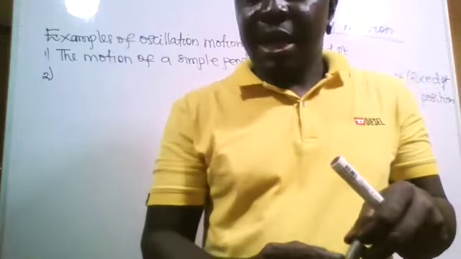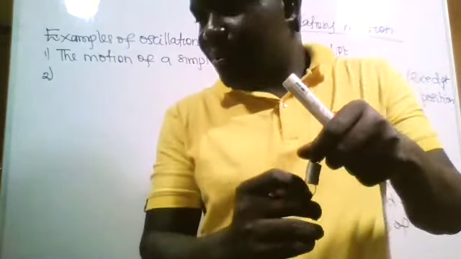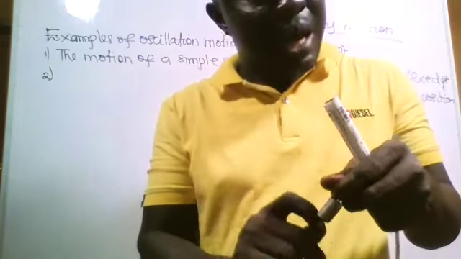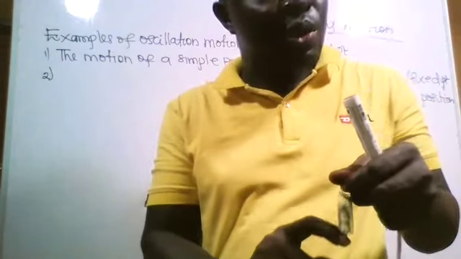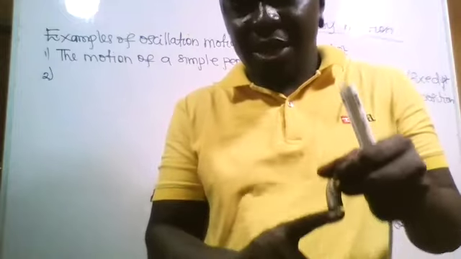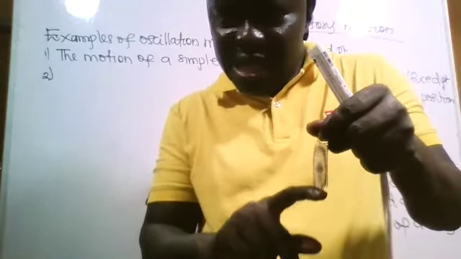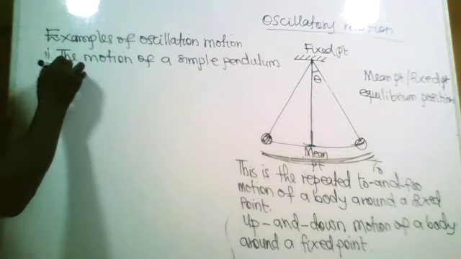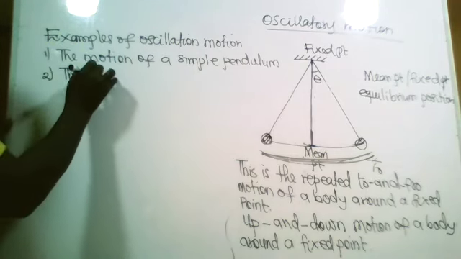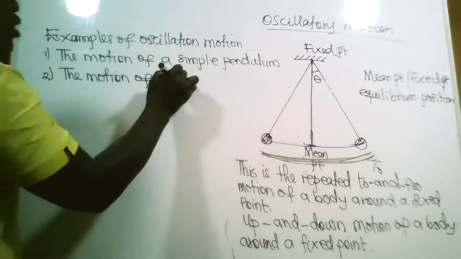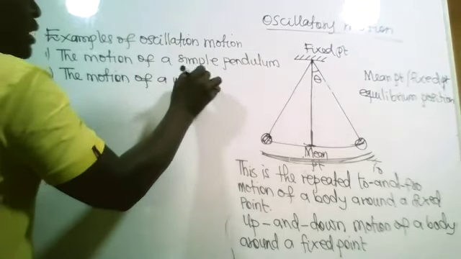It would exhibit SHM when it is loaded or weighted, which means you are suspending a load onto it. When you suspend a load and then displace it, it will show the repeated up and down motion. Okay, so the motion of a loaded or weighted spring.